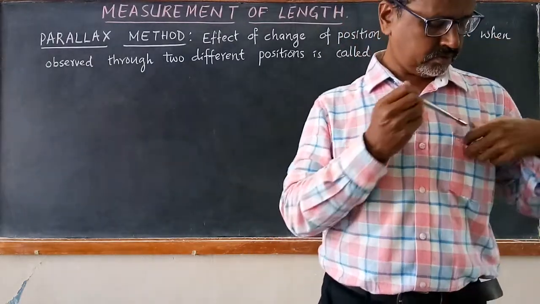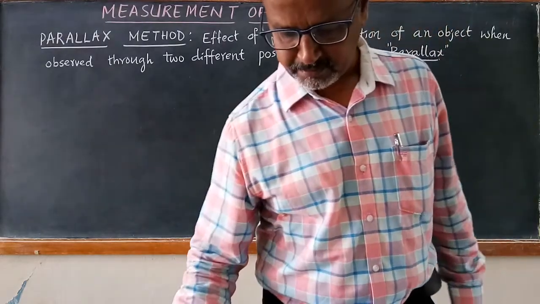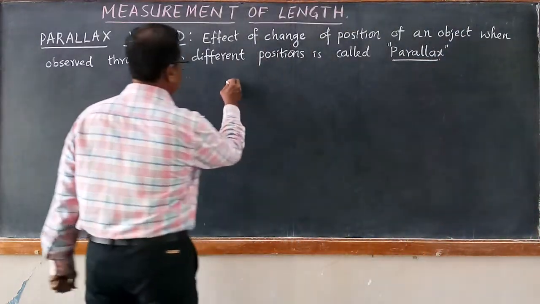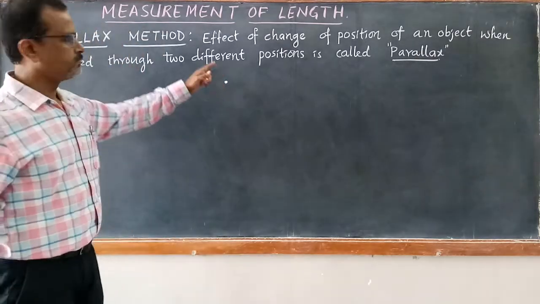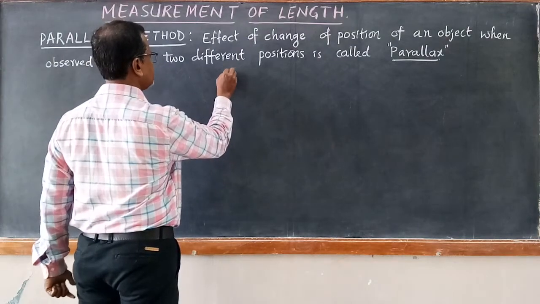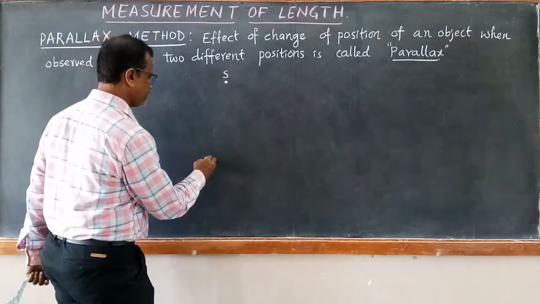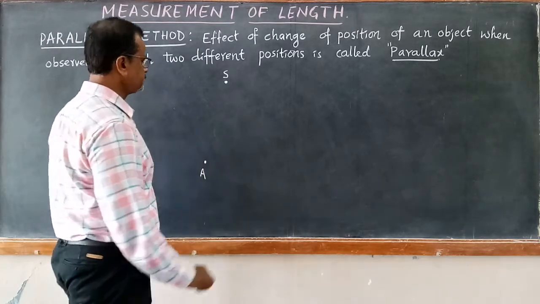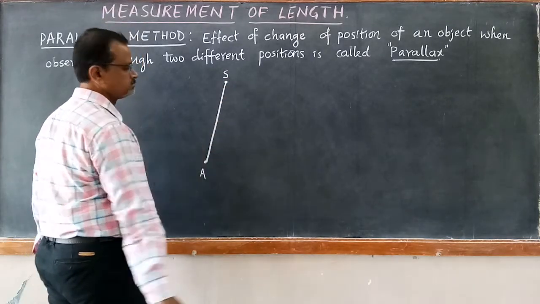First we will draw the diagram to show the meaning of parallactic angle. Suppose this is the position of a faraway planet, or a faraway object, let us say S. First we observe it through one observation point, let us say A, and this is the line of observation.